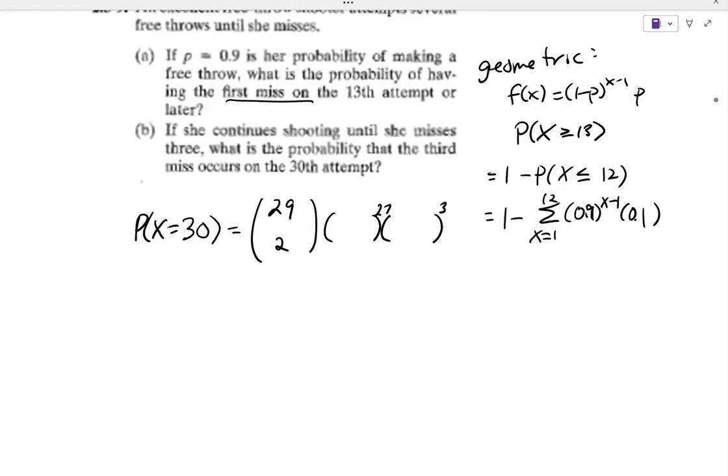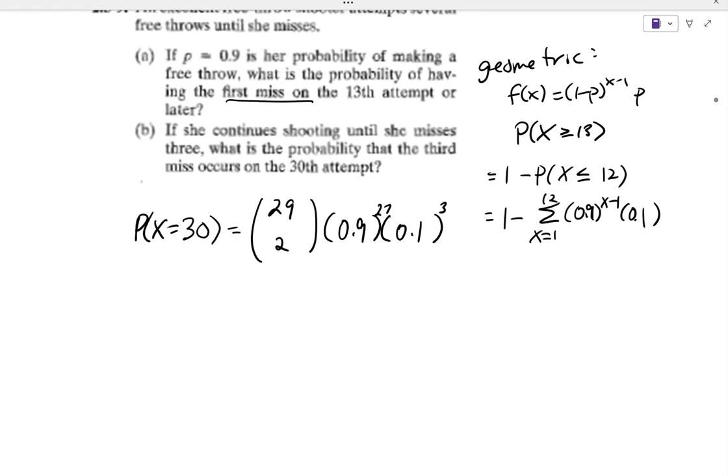Seems kind of counterintuitive, but failure is making a free throw, so you would have 0.9 to the 27th, and failure is missing, so we'd have 0.1 cubed. We've actually done problems like this before we even called it a negative binomial distribution, right? We know something had to happen on the last trial, but we could have any arrangement of what happened on the previous trials, and that's where that 29 choose 2 comes from.